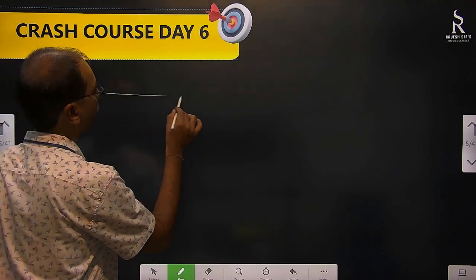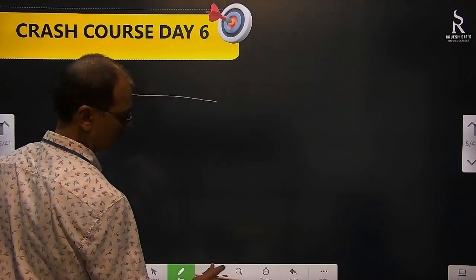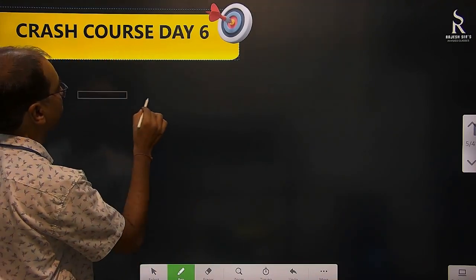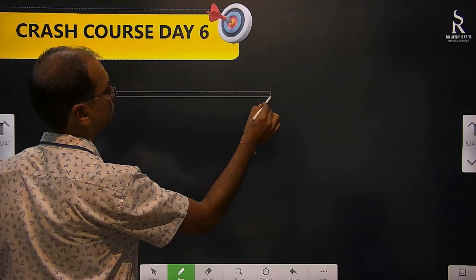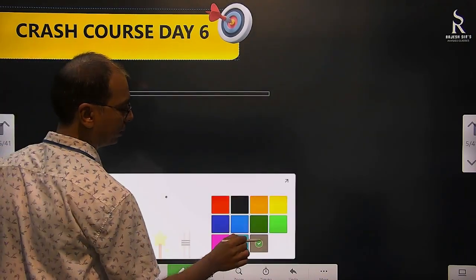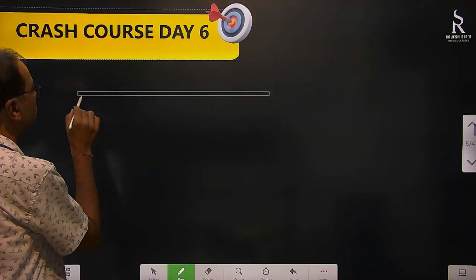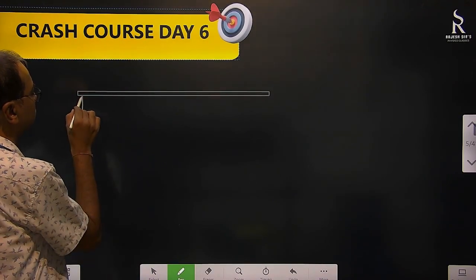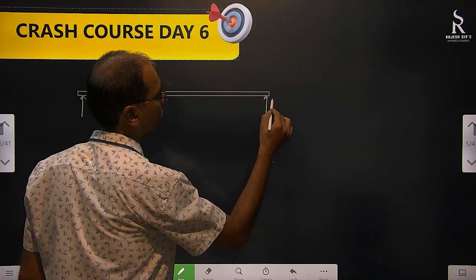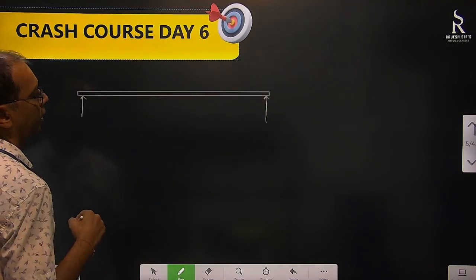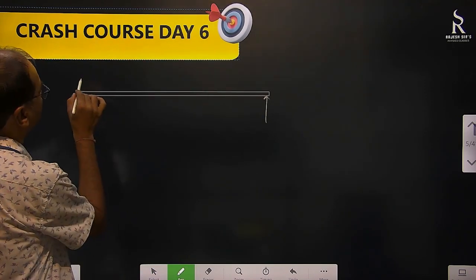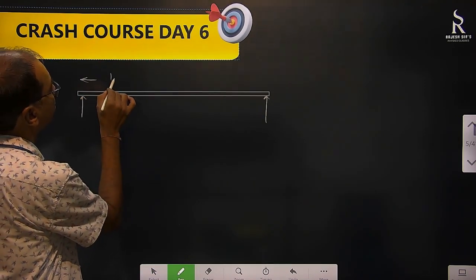All right, one more rod we are taking. Like this. And on this, let's assume here is a support and here is also a support. The length we will take is 1 meter.